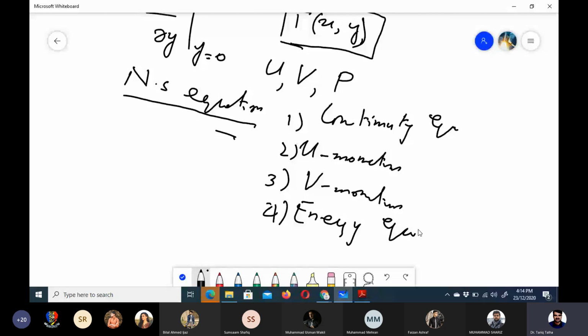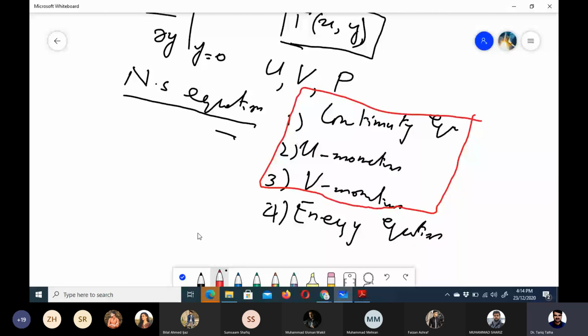When we use commercial software like ANSYS, when we create a geometry and then do the fluid flow analysis in 2D, only these three equations are solved. But there is another option, the energy equation.